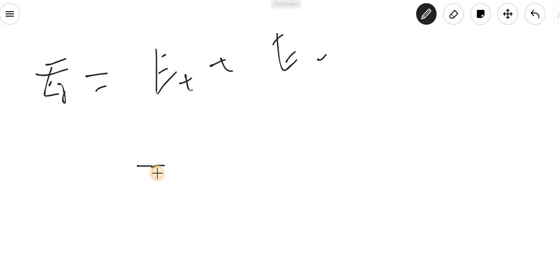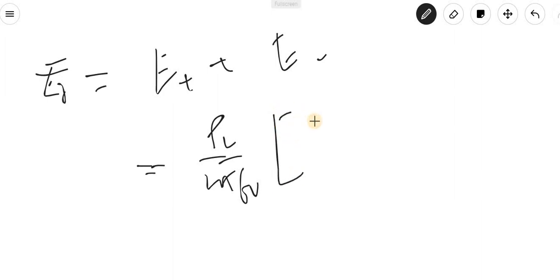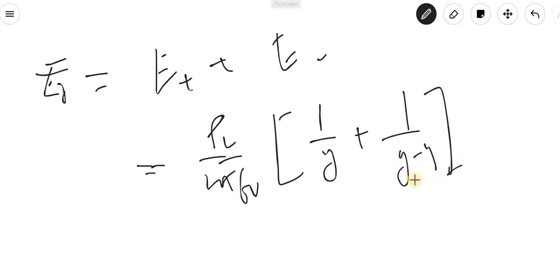The resultant is rho L over 2 pi epsilon times 1 by y plus 1 by G minus y. Clear?